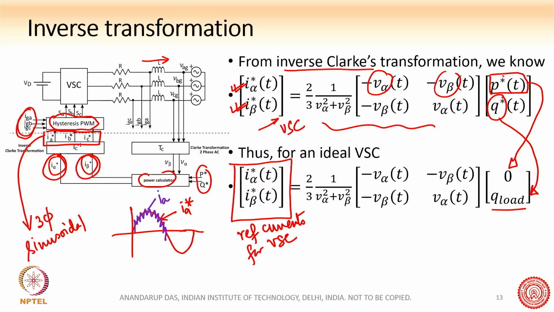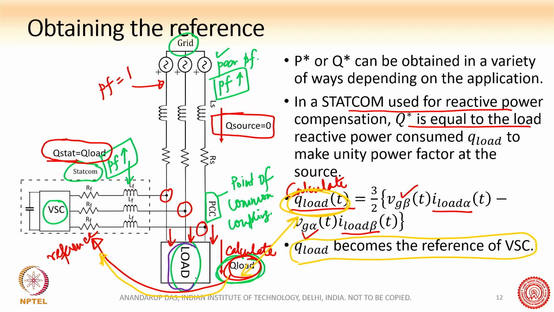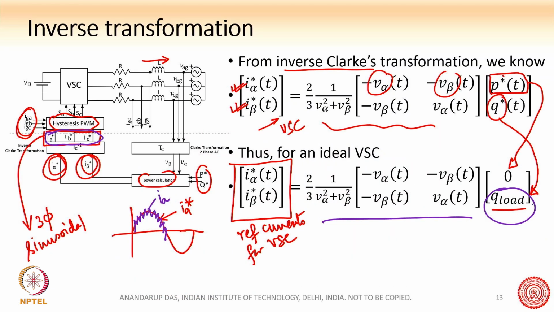So you get this IA star, IB star, IC star as I have shown here through what the load is consuming, so this is the load here. Based on that we can find out how much is the Q load, and we will be able to track this current, and we can accurately track it very nicely using the hysteresis PWM strategy.